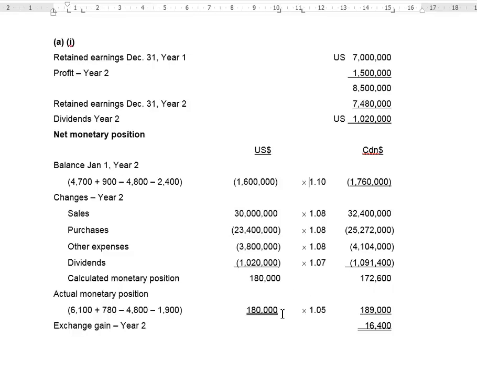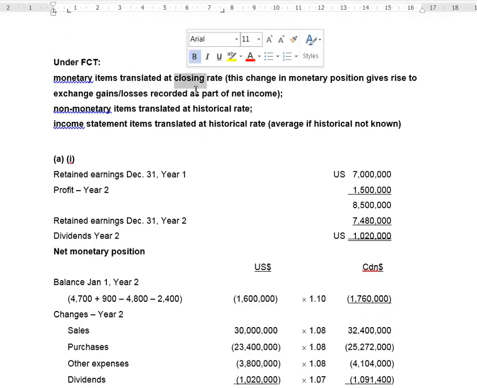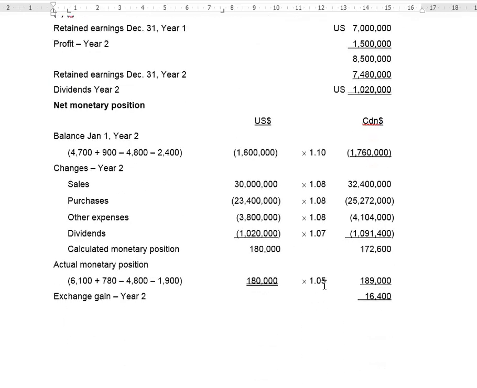If we compare that to the actual monetary position, that is what we get when we go to the sub's US statements, right? Translated at the closing rate, because all monetary items are translated at the closing rate of 1.05, that's our December 31st year 2 rate, we would have a monetary asset position of 189,000.